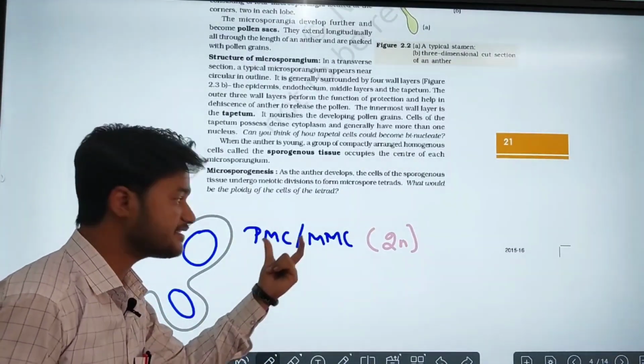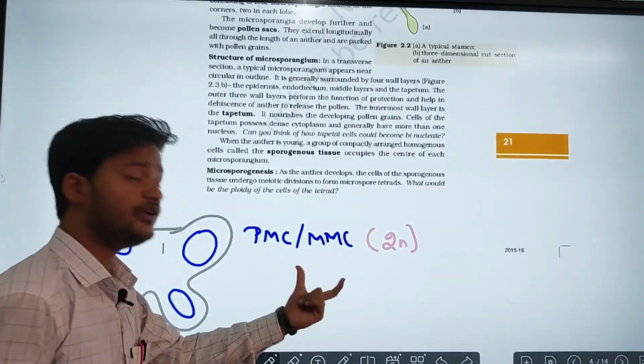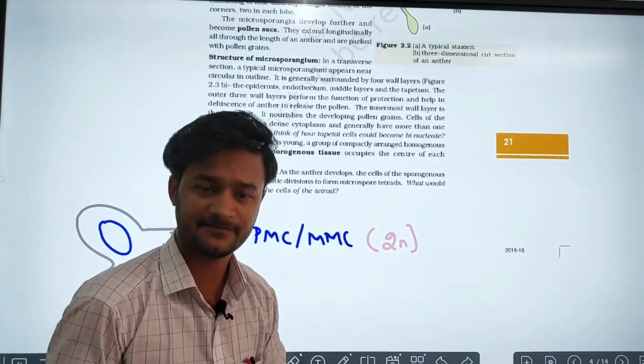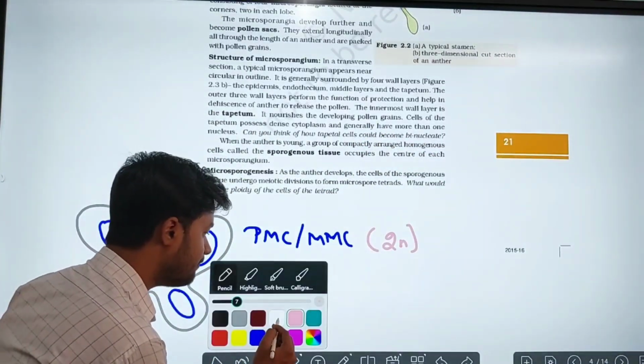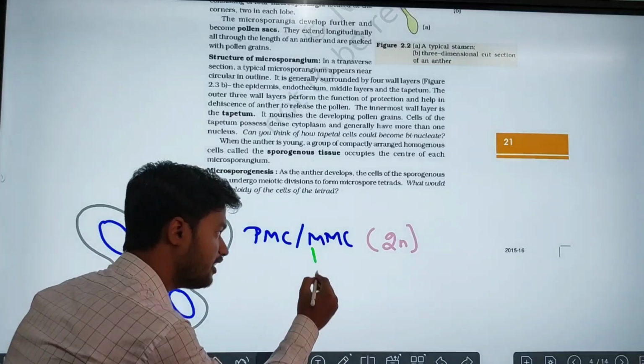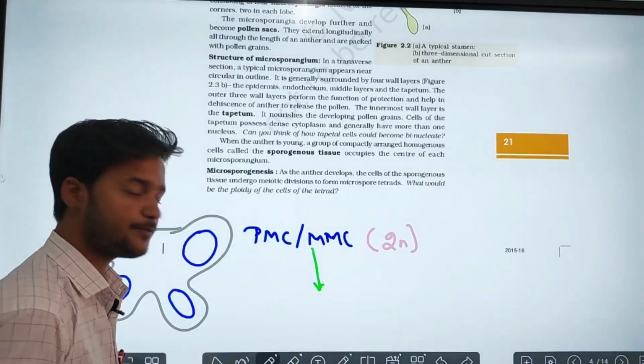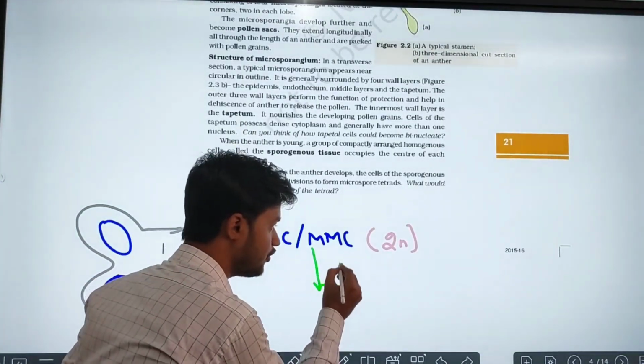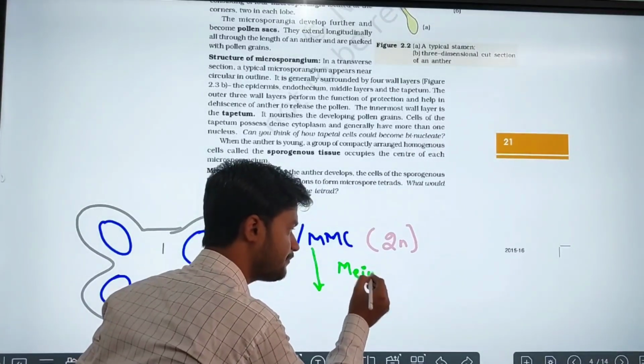That pollen mother cell or microspore mother cell undergoes meiosis. Does it undergo mitosis or meiosis? Meiosis.